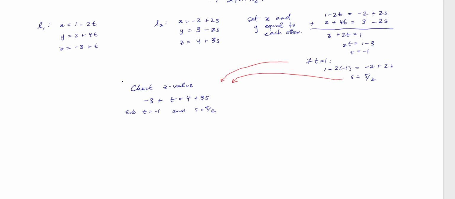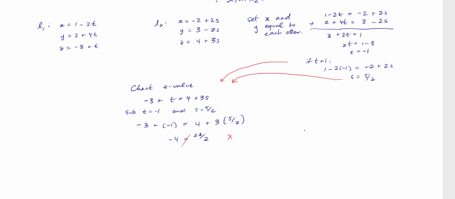If that's the case, then the lines have a point of intersection. If it's not, then they won't intersect. So -3 plus -1 is equal to 4 plus 3 times 5 over 2. I'll clean this up, and I'll say -4 is equal to 23 over 2. We know that's not possible.